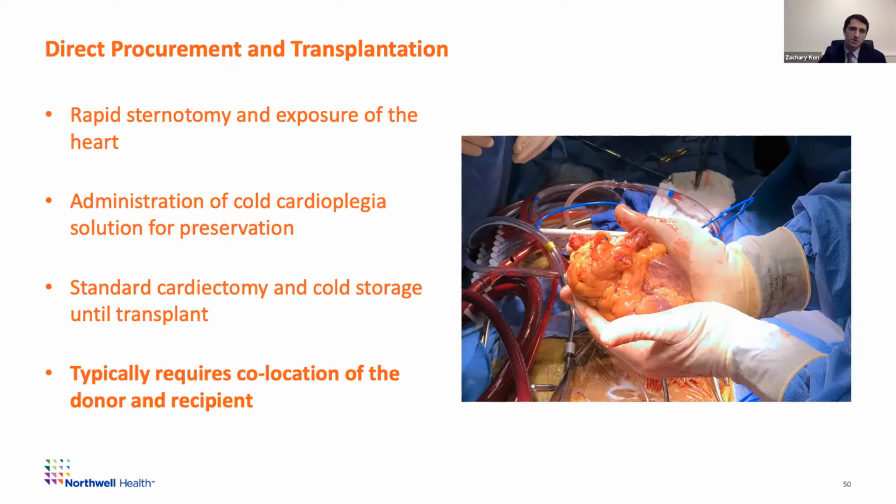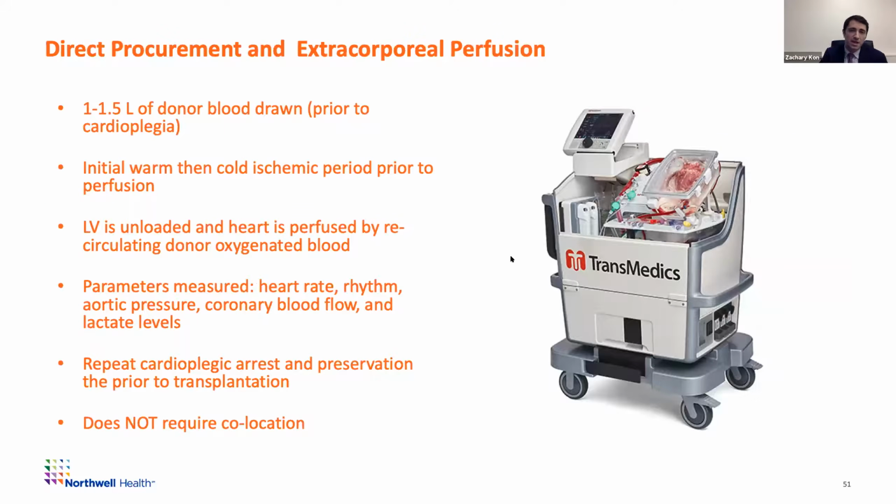and likely never will in modern transplantation. In contrast, and I'm going to skip through much of this because it's been covered far more eloquently than I will in this one slide, direct procurement and extracorporeal perfusion, such as the Transmedics OCS platform, I think is a much better alternative, and most importantly, does not require co-location at all.